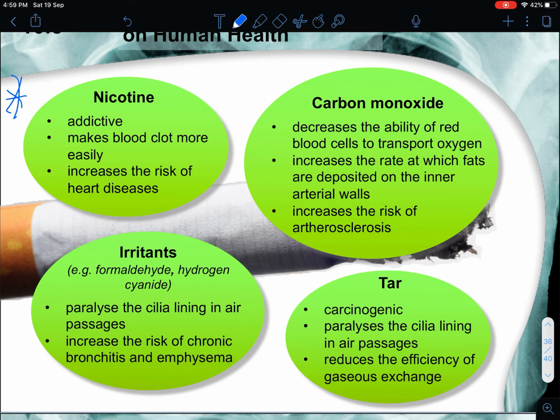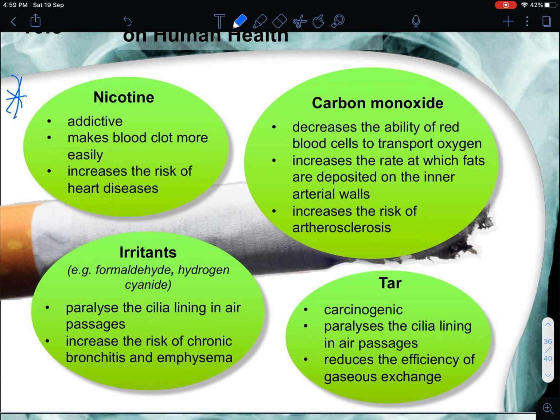Irritants wise, they tend to paralyze the ciliary lining in the air passage and increase the risk of chronic bronchitis or emphysema, which we will be discussing more later. Tar is also carcinogenic, meaning cancer causing.